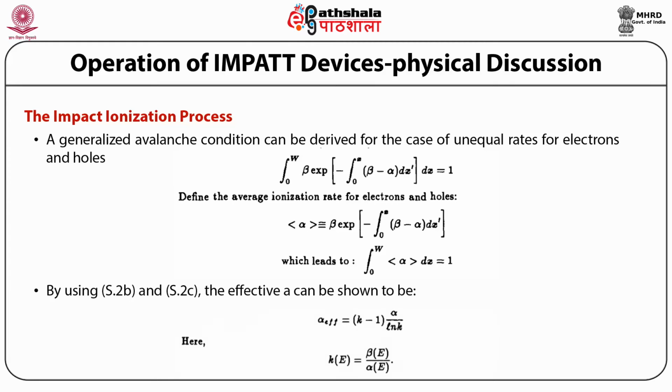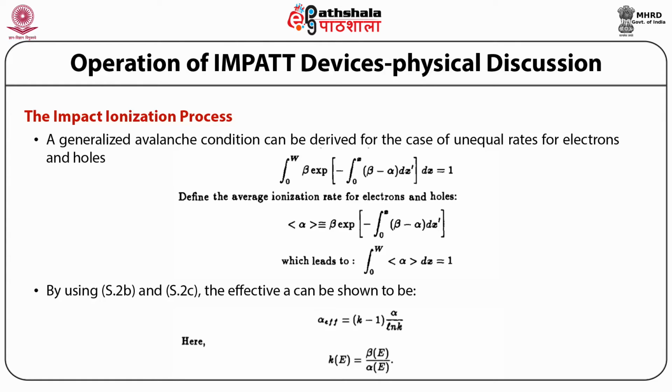By using the above equations, the effective alpha can be shown to be alpha effective equal to (k minus 1) multiplied by alpha by ln k. Here k is beta by alpha.